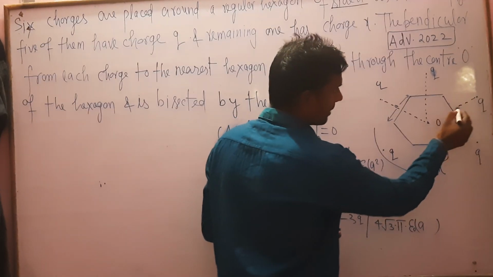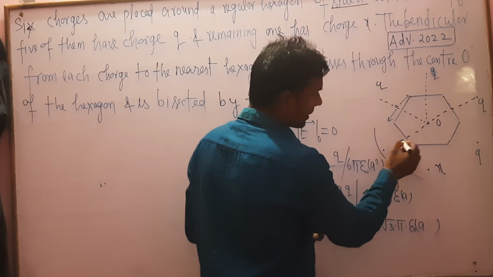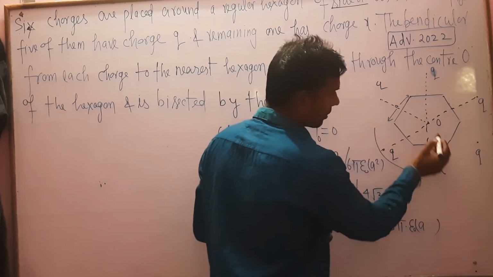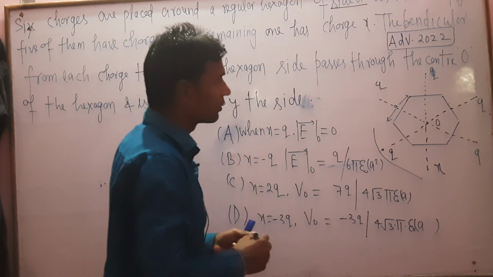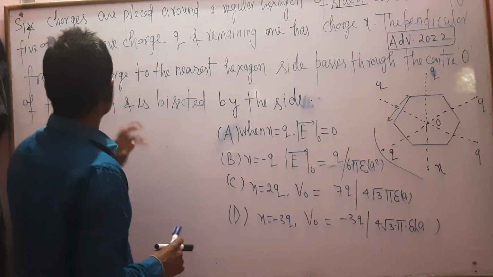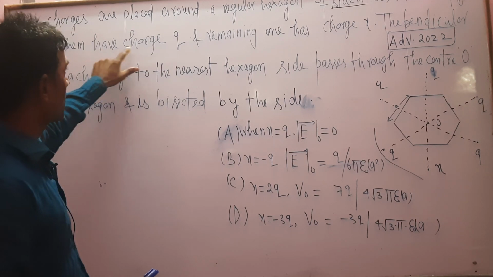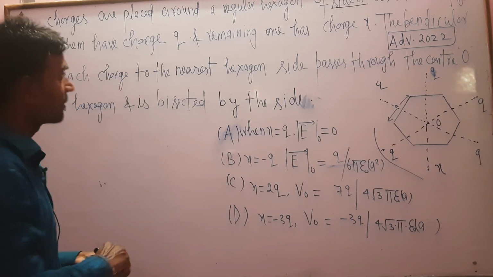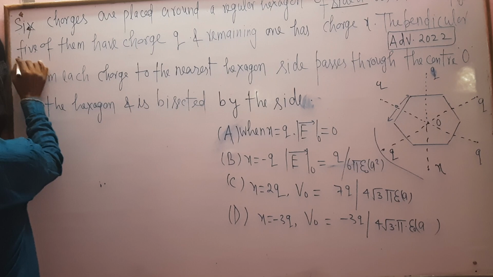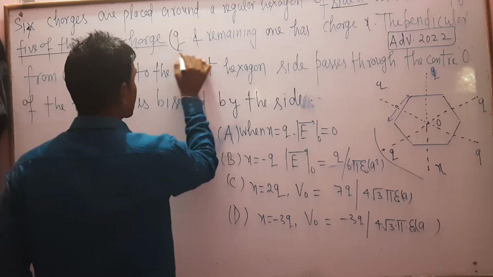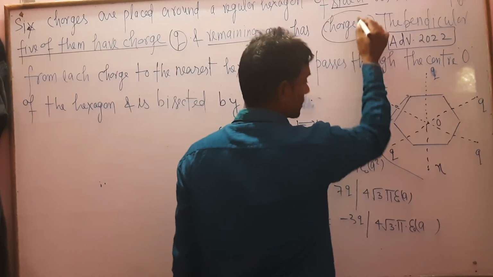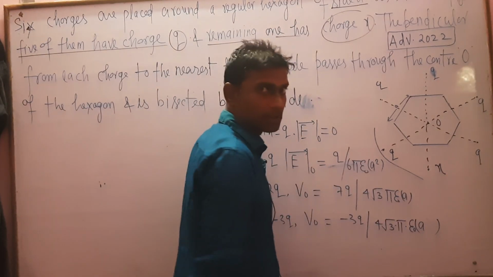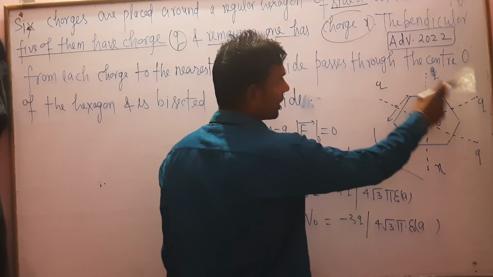Also given, five of them have charge Q and the remaining one has charge x. This is the sixth charge and these are the five charges.